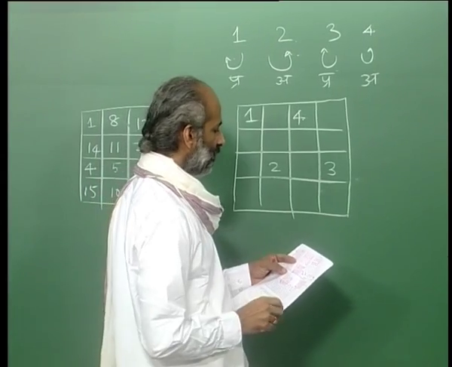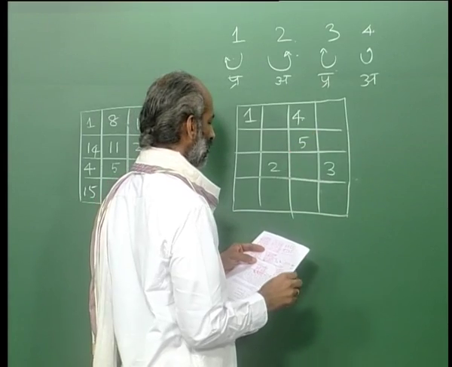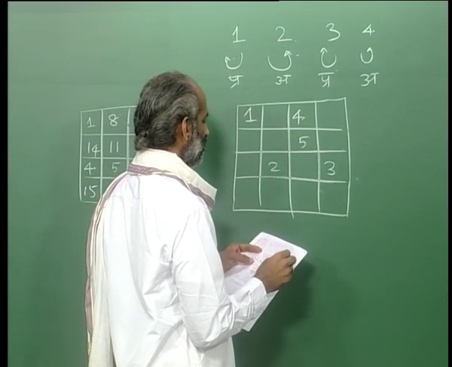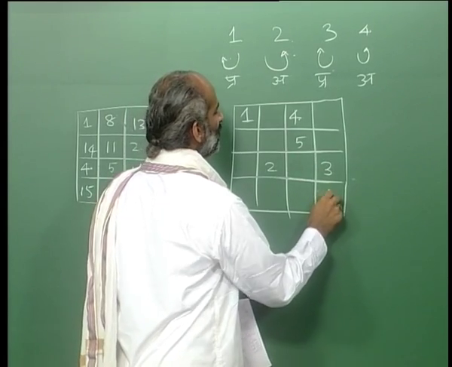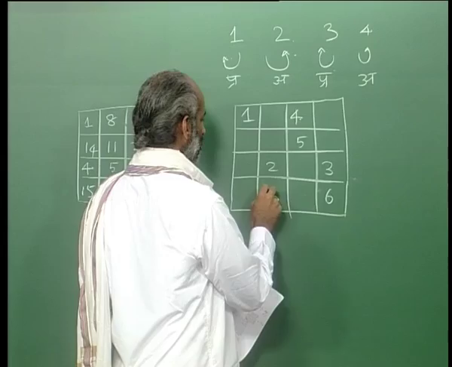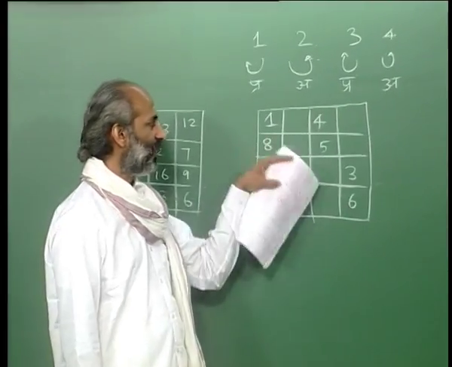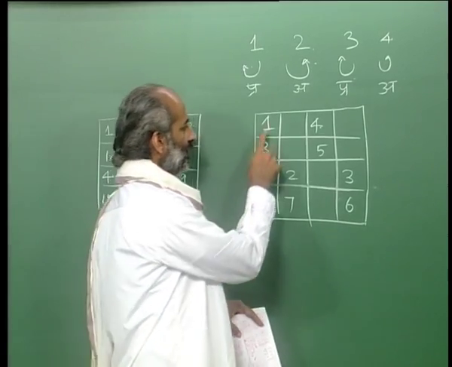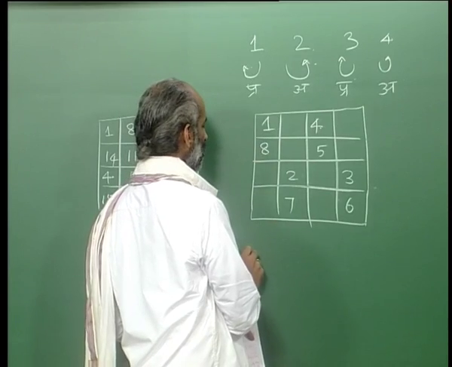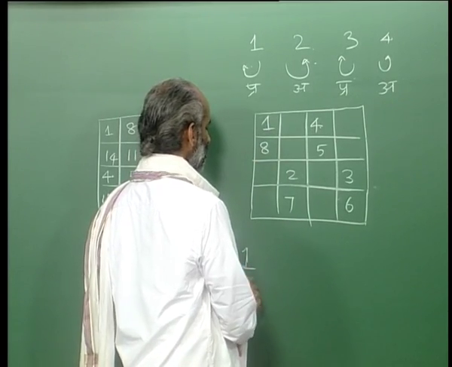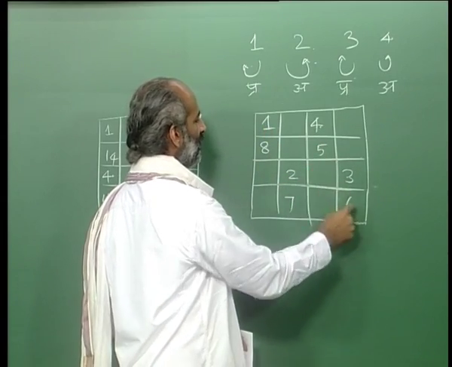So, 3, 4, then you just take 5, so 5 Turaga, so 6, then 7, then 8. So, 5, 6, 7, 8. Once again you can see 1, 2, 3, 4 in this particular thing. So, the first movement was apradakshina 1, 2, 3, 4, 5, 6, 7, 8.